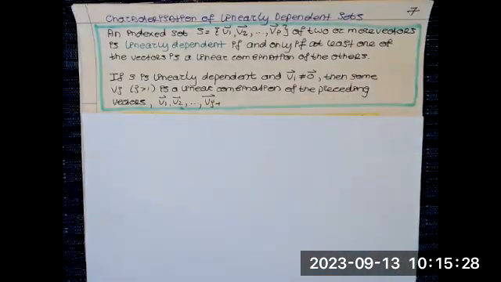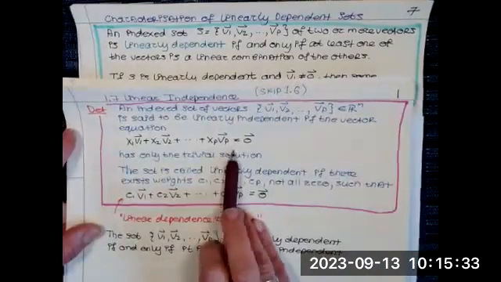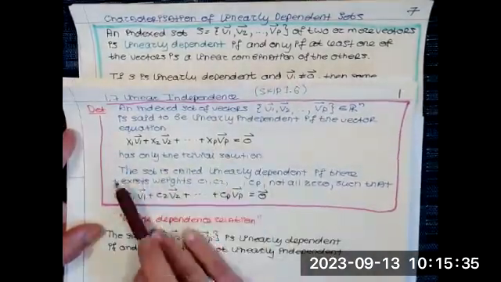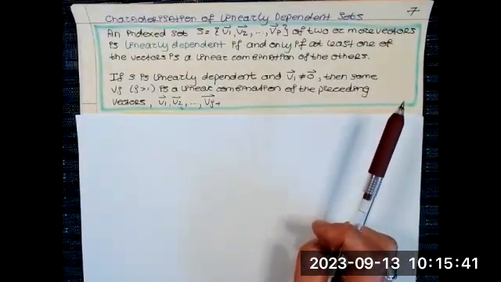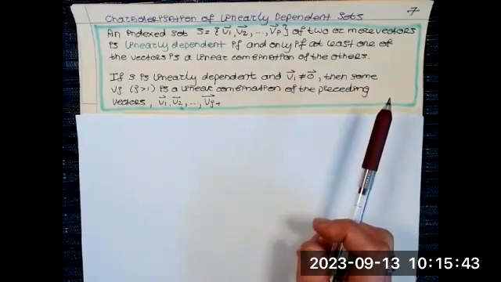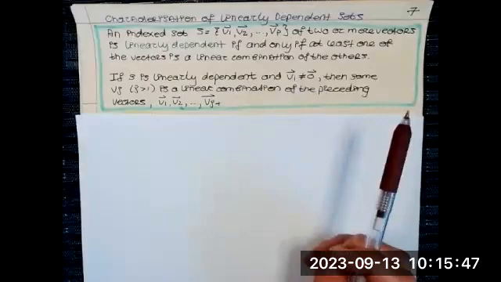We started with the definition of taking linear combinations, where this equals 0 only has the trivial solution. But now this is a slightly different way to look at the same thing that gives you a little more insight into exactly what it means for vectors to be linearly independent.